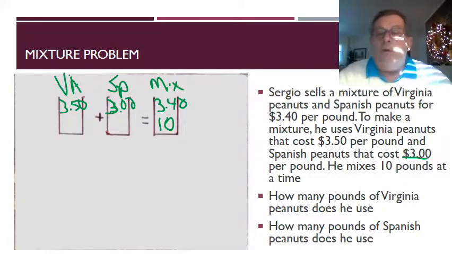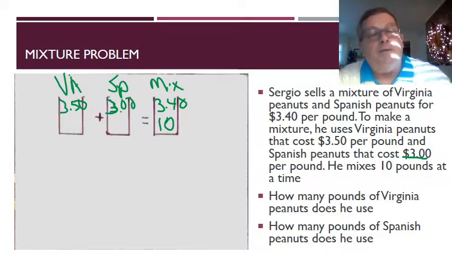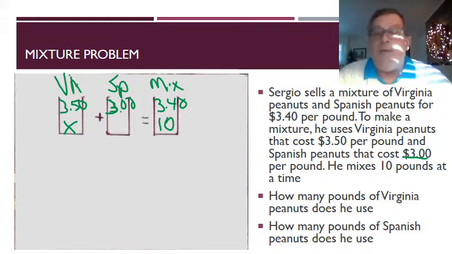Now, we see here we've got two questions. How many pounds of Virginia peanuts does he use? I'm going to give that my variable X. So we're going to have X number of pounds.